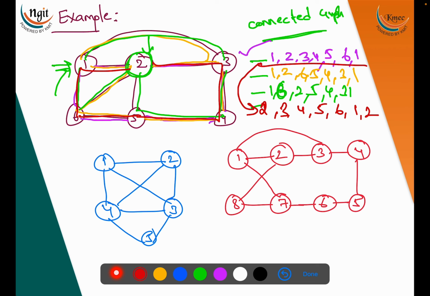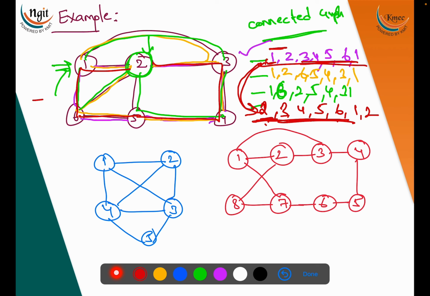In this, only the starting vertex is different, but the visiting path is the same: 3, 4, 5, 6. So you cannot treat this as a different Hamiltonian cycle, you cannot include it in the count. Though you change the starting vertex, the visiting order of the vertices is the same, hence it is the same as your first path.